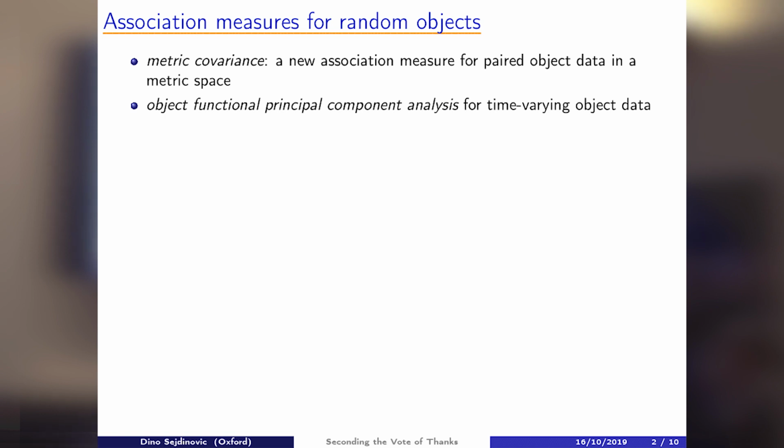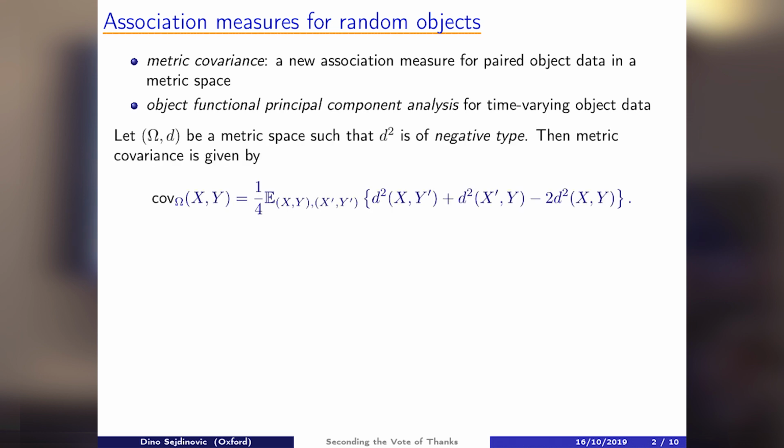This framework hinges on the introduced association measure, so in this presentation I will be focusing on the association measure itself. But I want to emphasize that these are both elegant contributions and will undoubtedly lead to a widely used methodology.